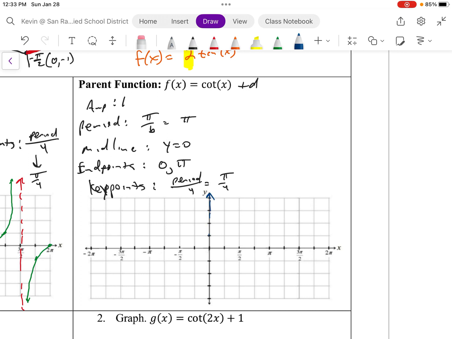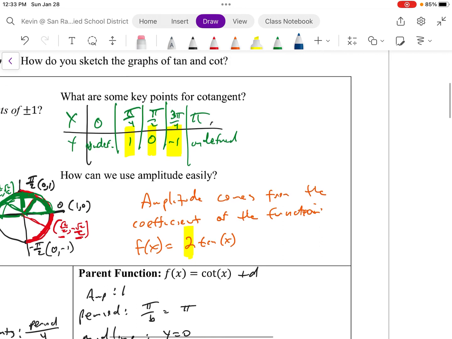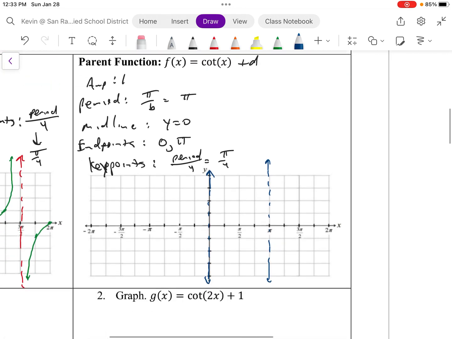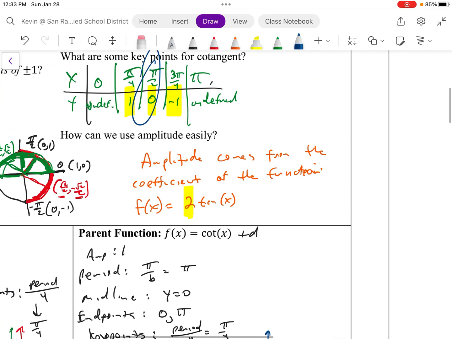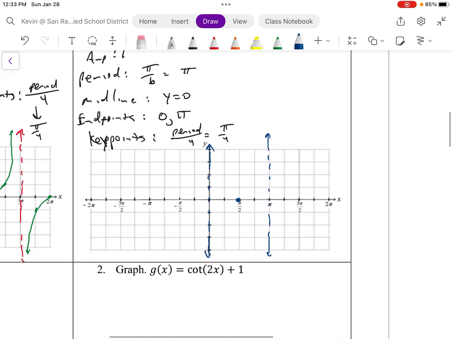So we have an asymptote at 0. That's one of our endpoints here. And then out to pi here. At pi over 2, it's at 0. At pi over 4, it's at 1. And at 3 pi over 4, it's at negative 1.